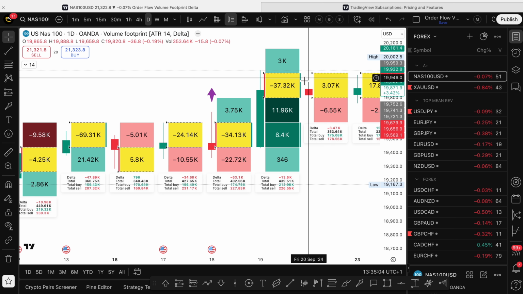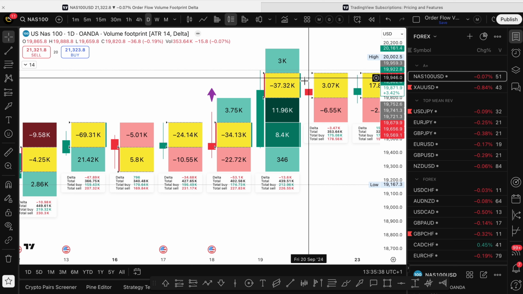This is something that really helped me become profitable. When I would get to a level of interest, some people call it a point of interest, that could be support, resistance, double tops, double bottoms, it could be anything. When you're at that area on your charts and you're ready to take an entry because you've maybe seen an engulfing candle or whatever, this volume footprint will give you more information.